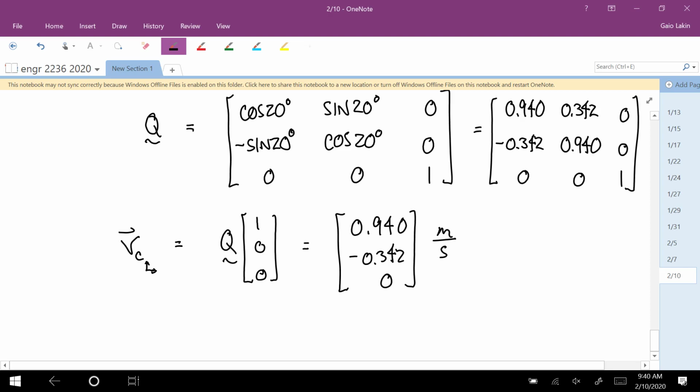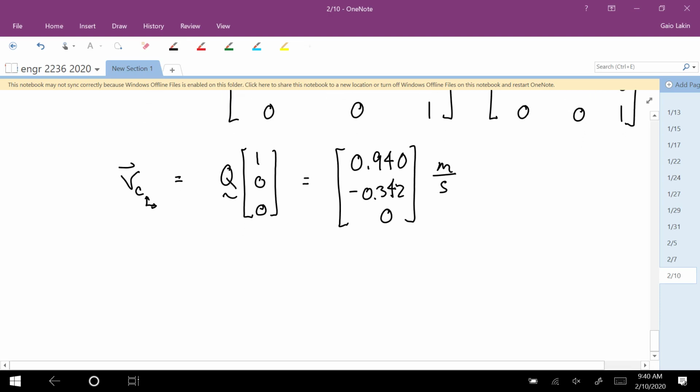And if you think physically about what that vector means, that makes sense. It's going mostly horizontal, but a little bit down. And the acceleration of C in that coordinate system is that rotation matrix times 0.75, 0, 0.